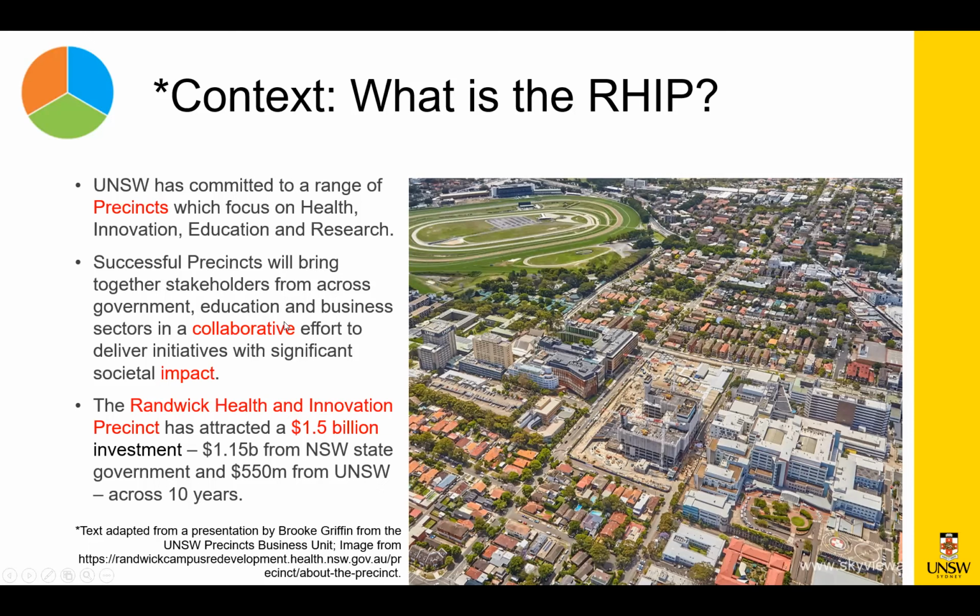With the Randwick precinct, we are talking very serious money. It's attracted about $1.5 billion investment, much of that from state government, and also a bit more than $500 million, I should say, $550 million from UNSW across a 10-year span. So there'll be a lot of work going on over a fairly lengthy period to establish this world-class centre.